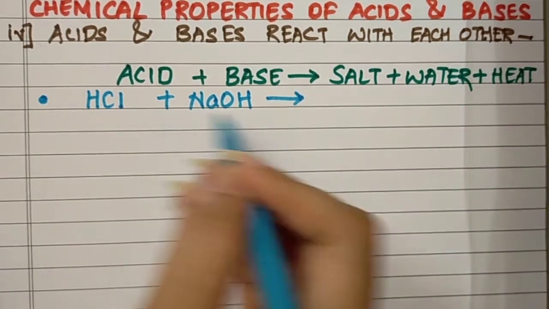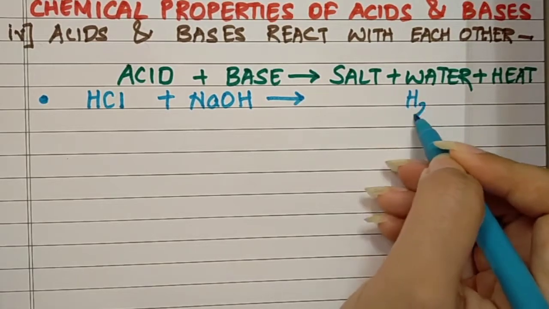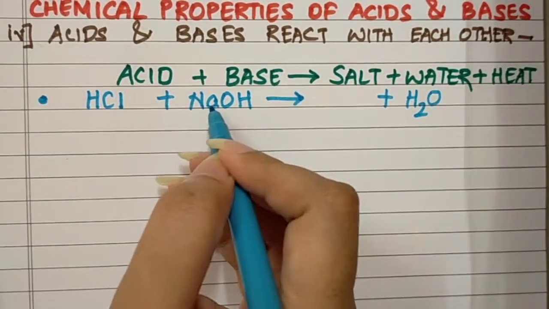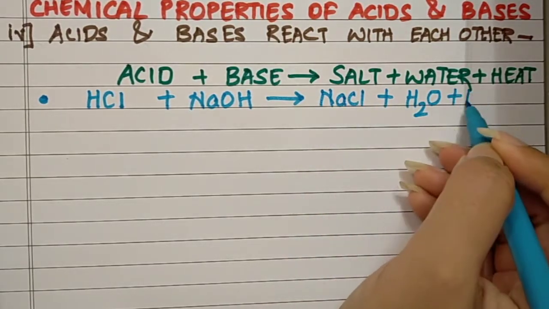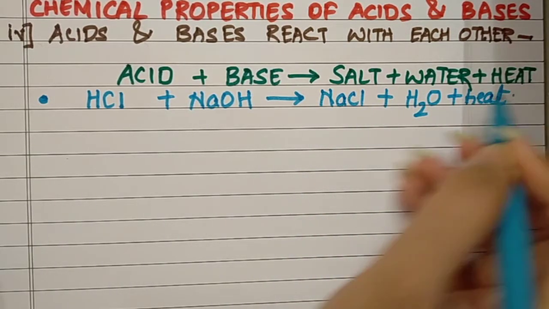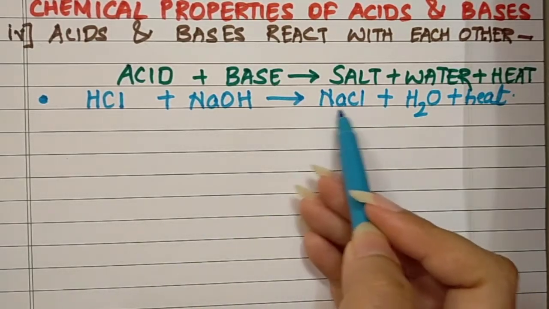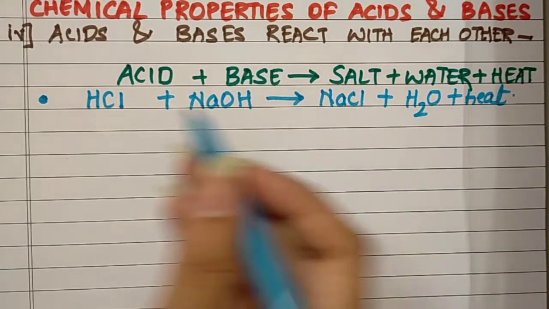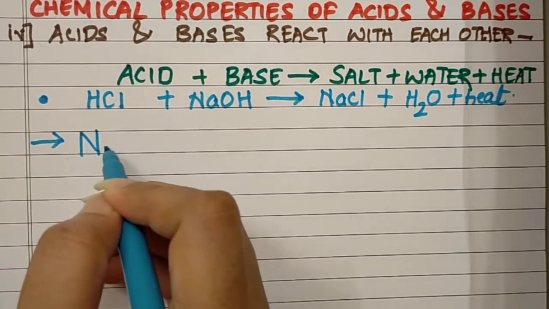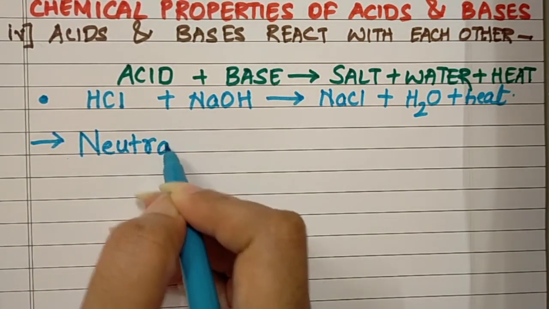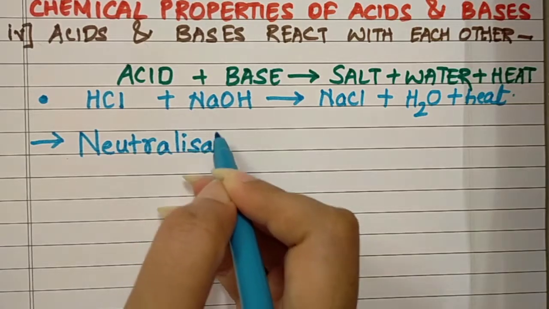So water's formula we already know, it is H2O, and the salt that is formed is NaCl, also with heat. So as the formation of salt here takes place, acid-base reactions are called neutralization reactions.